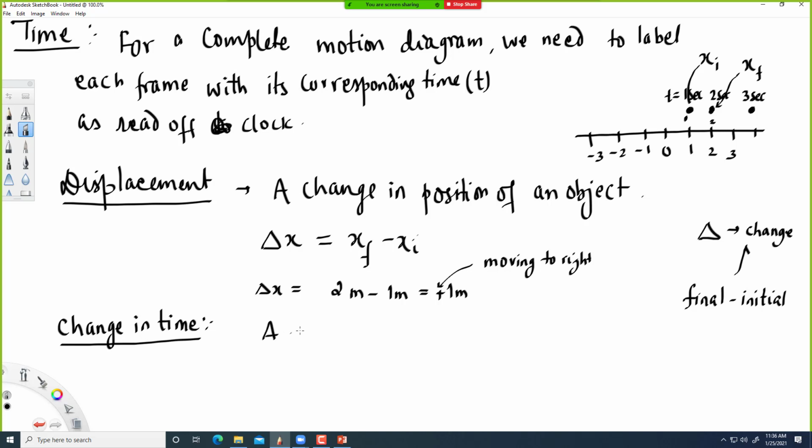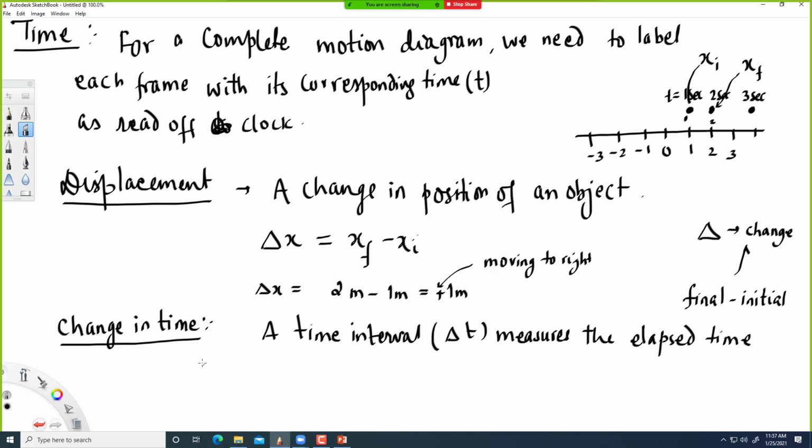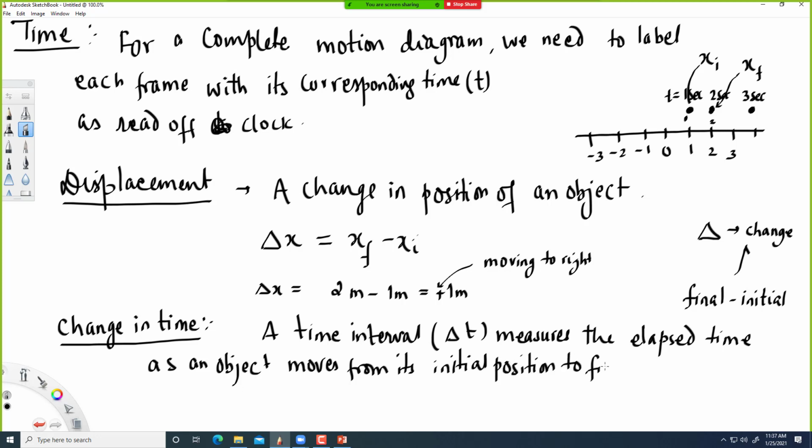A time interval, denoted by delta t, measures the elapsed time as an object moves from its initial position to its final position, or moving from xi to xf, how much time has elapsed.